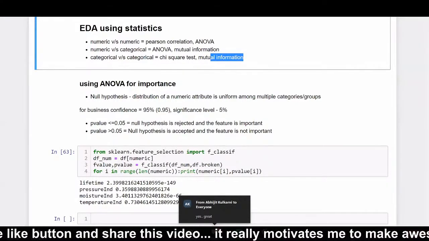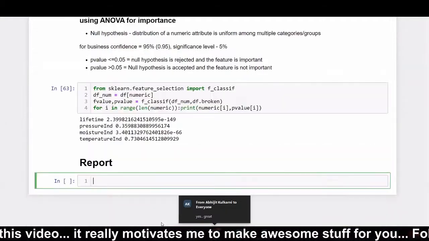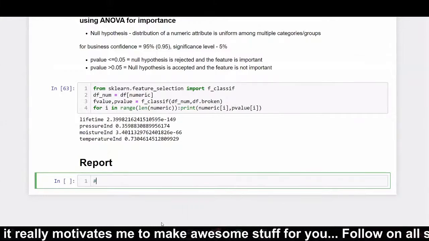Okay. So finally, you can say the report part, where we may want to write some red alerts.